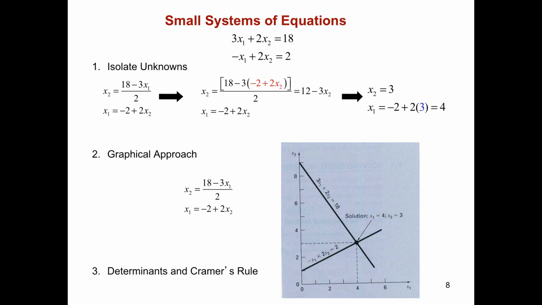Everybody got a chance to find the solution? Solution should be 4 and 3. So we know how to solve this algebraically, and hopefully we find x1 and x2 that satisfy both of these equations.